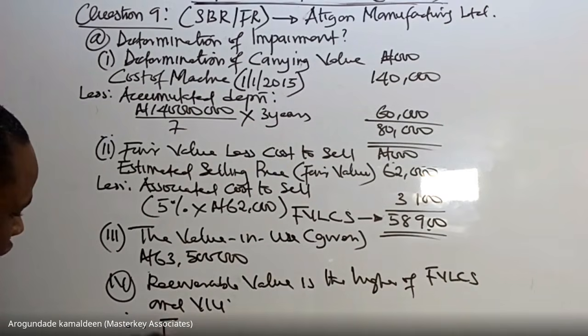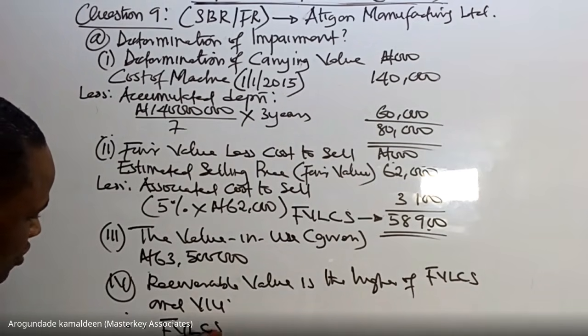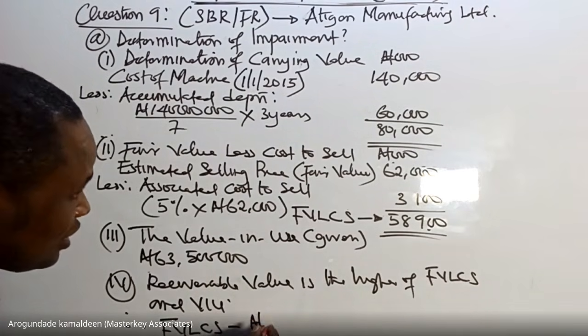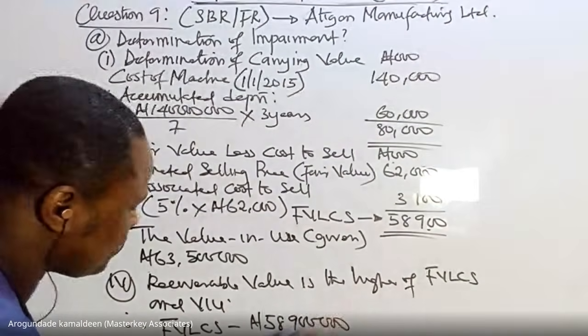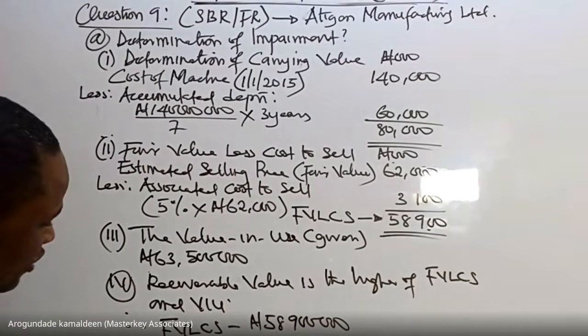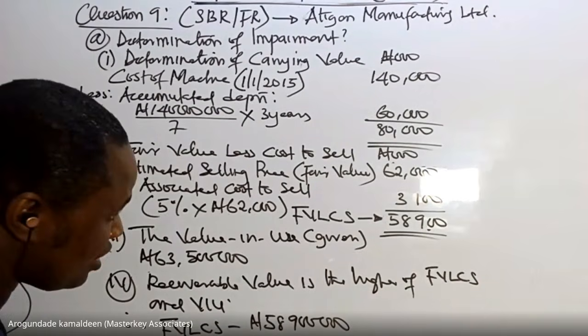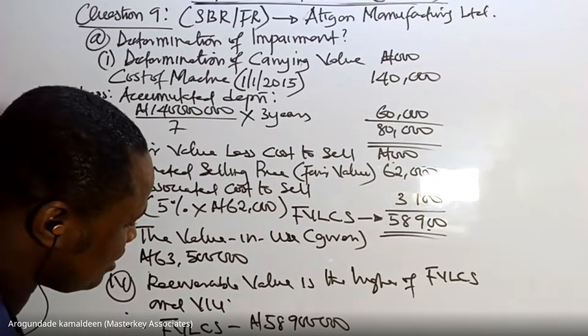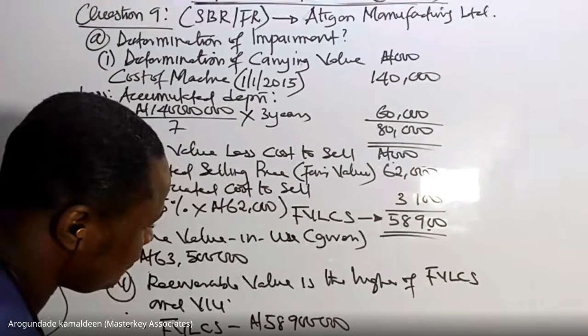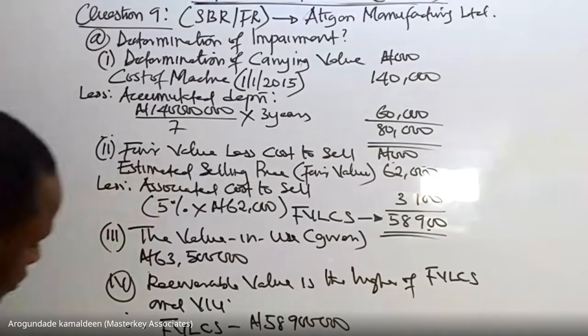Therefore, the fair value less cost to sale that we got here is 58.9, and the value in use as given is 63,500.